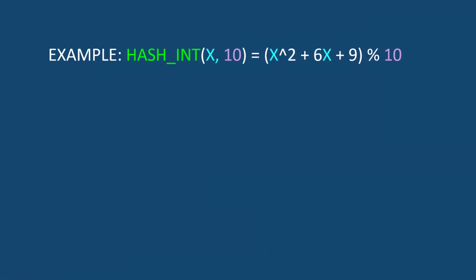One of the things that is often done is running it through a quadratic equation, right? X squared plus 6x plus 9 modulo 10, right? So whatever sum you get, if you came up with an integer, run that thing through a quadratic equation. Essentially, it's going to spread that hash location out over a wider range, okay?